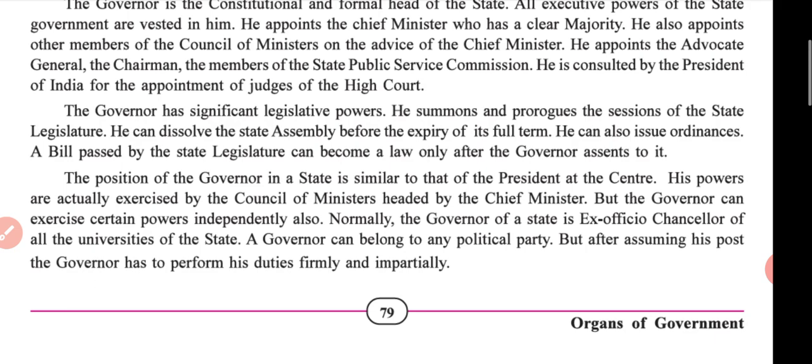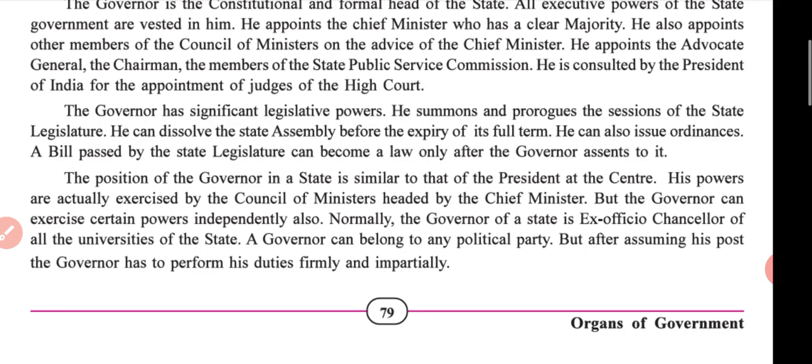Normally, the governor is also chancellor, a type of head, of all universities of that particular state. And the governor can belong to any political party. But after assuming his post, a governor has to perform his duty firmly and impartially.